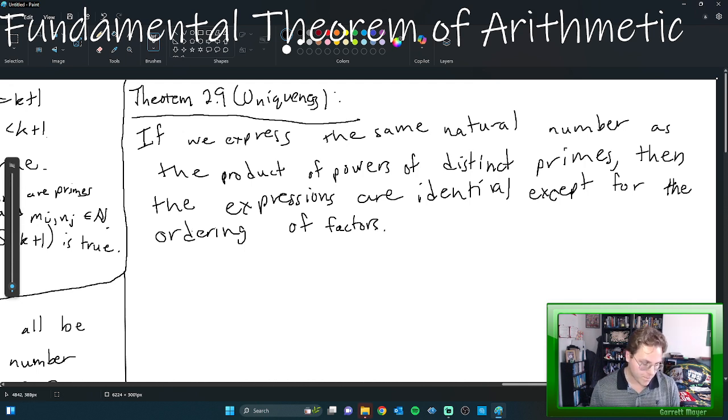So what this is basically saying is that if we have one natural number and we have a product of powers of distinct primes, which we know we can produce, and we have two of these, then these expressions are identical.